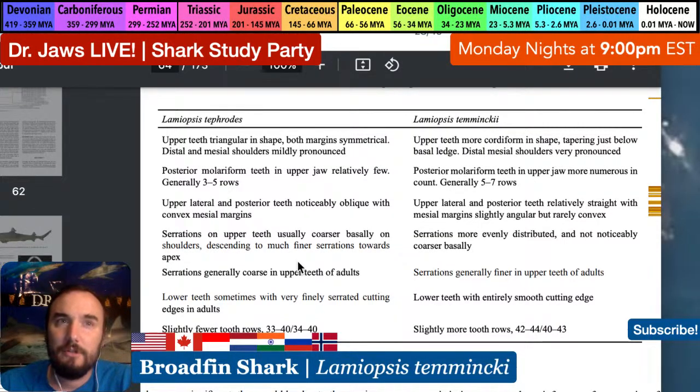Some of the largest jaws I've seen at VIMS were the oceanic whitetip. They did have oceanic whitetip jaws, which are huge, definitely larger than my head. I'm trying to think of a good comparison.